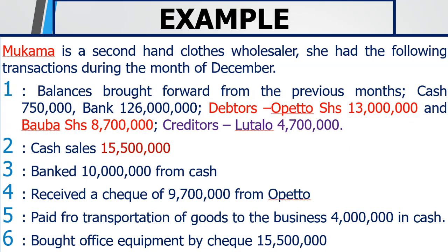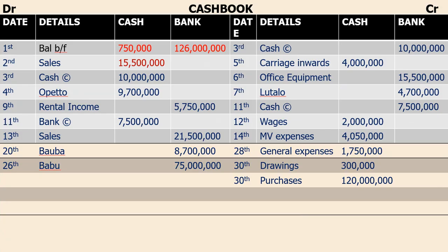Let us move to a transaction that happened on third. Banked 10 millions from cash. In this case, if they say banked 10 millions from cash, it means that the bank gained and cash at hand lost. So we are taking cash at hand to the bank. This is a contra entry.